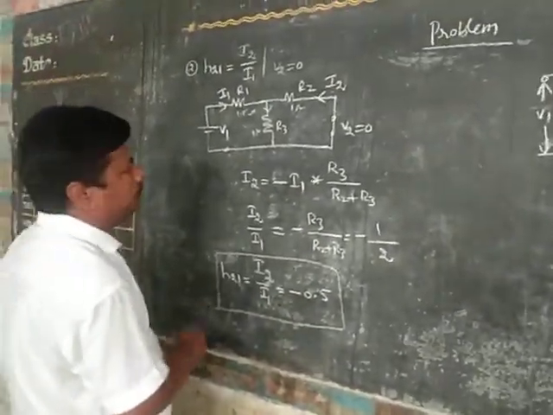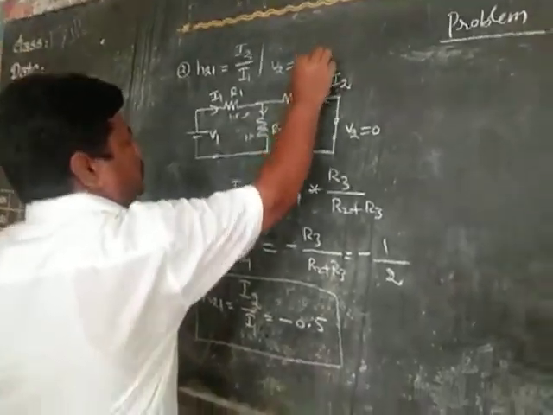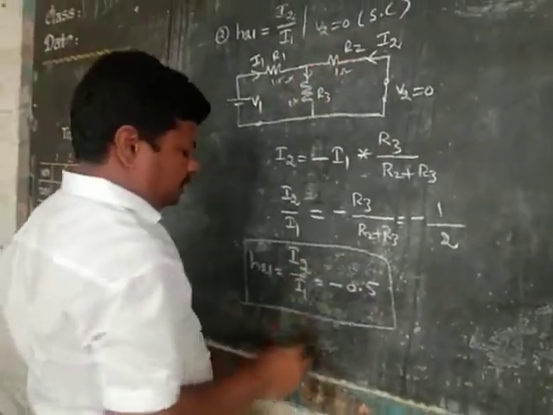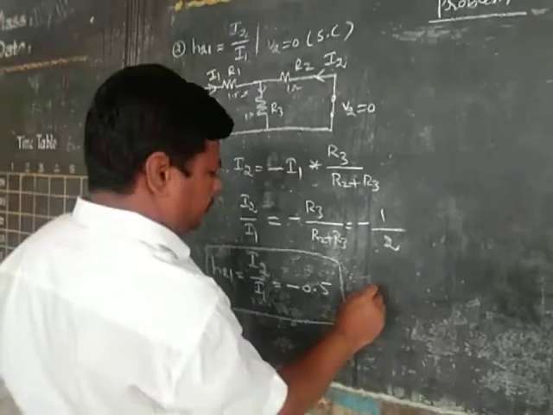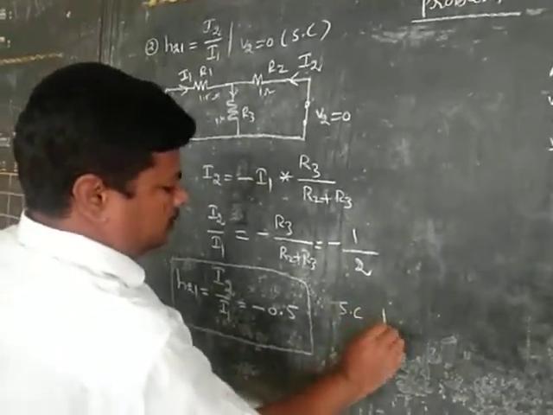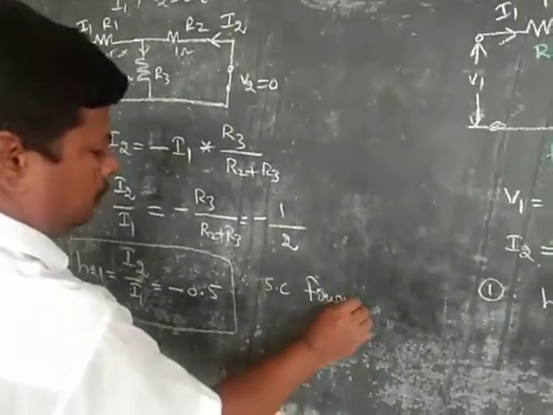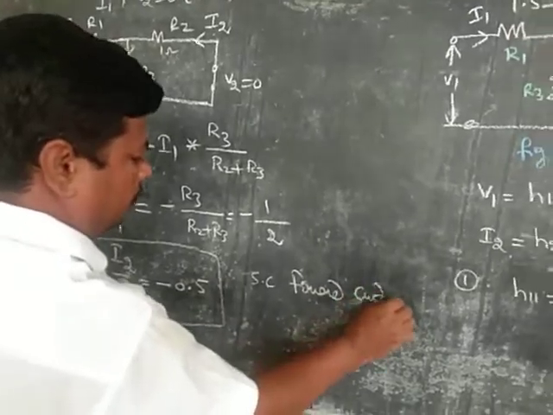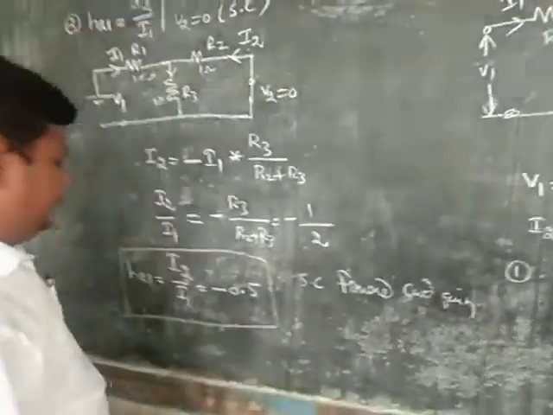Okay. Short circuit, V2 is equal to 0 means short circuit, forward current gain. Short circuit forward current gain.